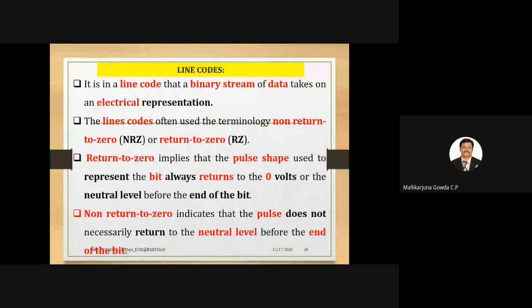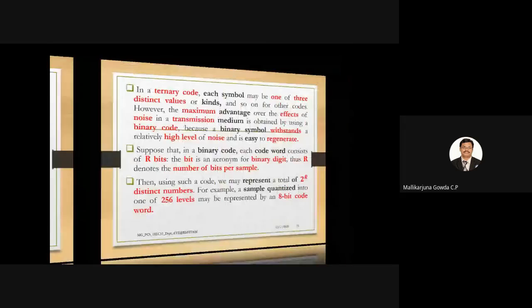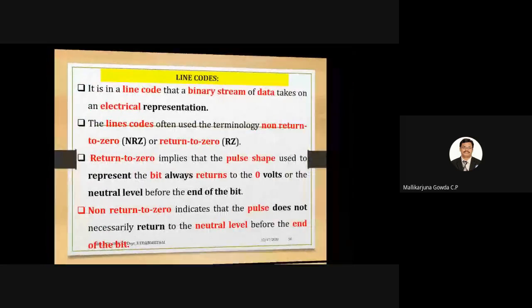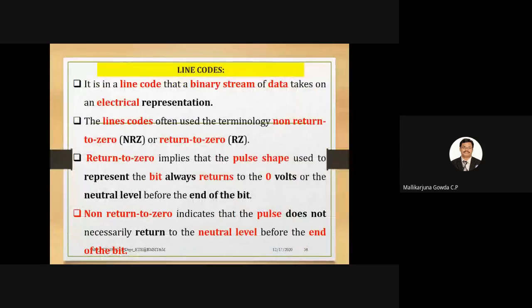So let me have a discussion about the line codes. How do we represent these representation levels in the form of pulses? That is what the line code is. In line code, the binary stream of data will be represented as an electrical representation.